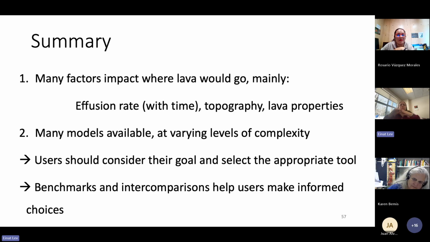As a user, you should consider what your goal is, what you are trying to get, and select the appropriate tool. Do you want something that's kind of fast but maybe less accurate, or something that gives you a really focused look at the process? And then there are benchmarks and intercomparisons, tools that can help users make an informed choice.